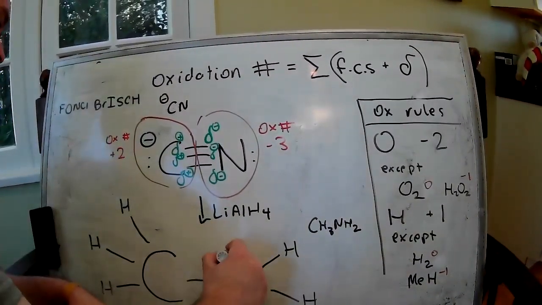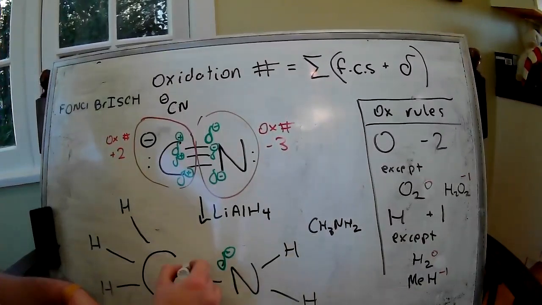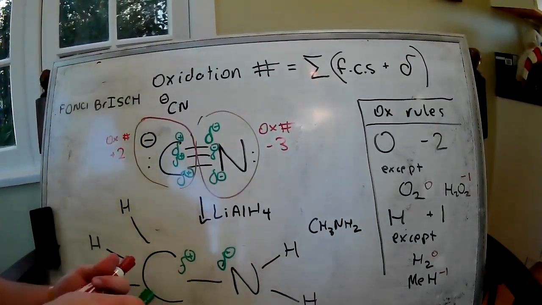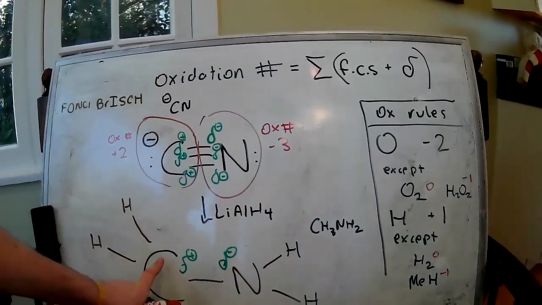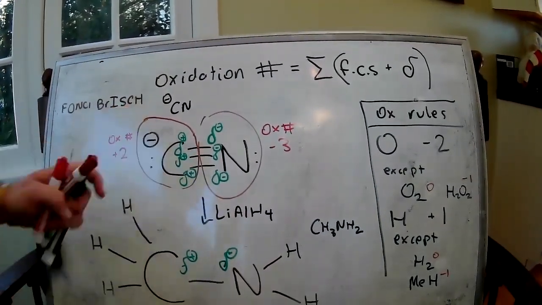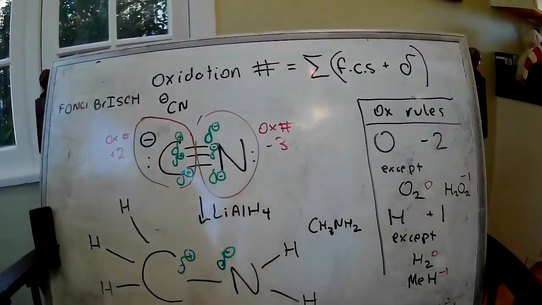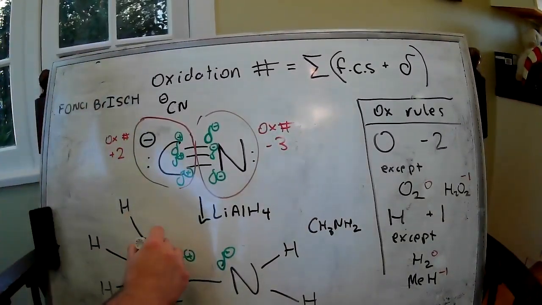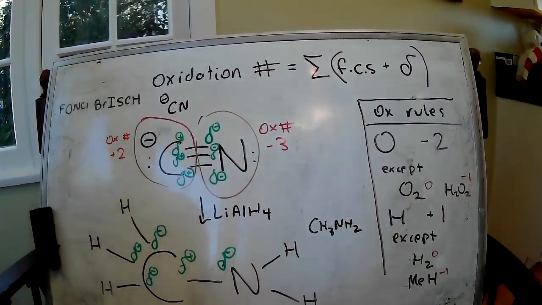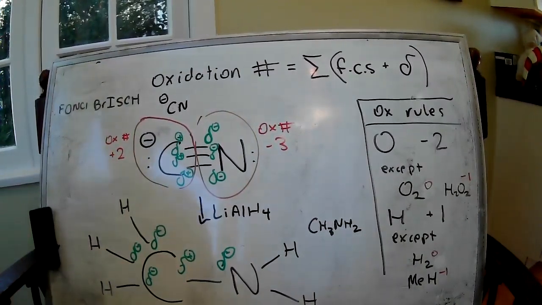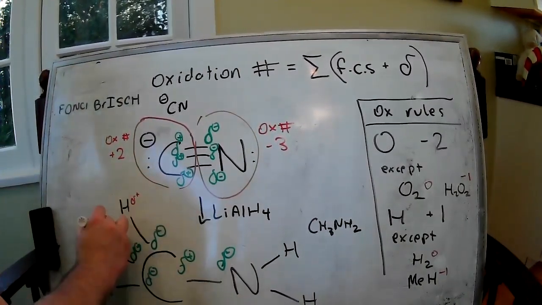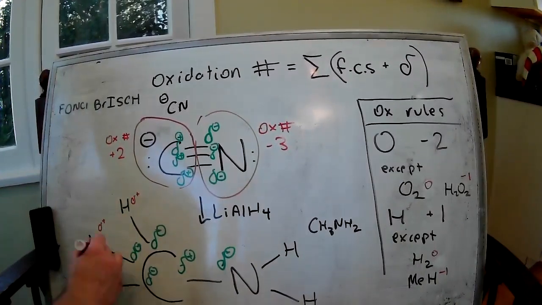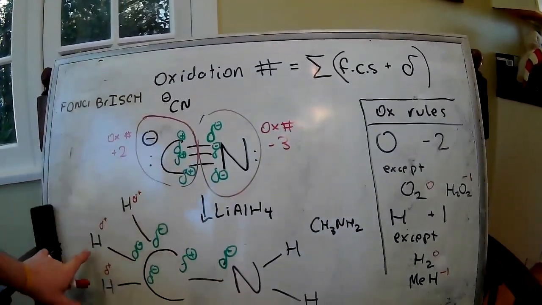We'll start with our carbon to nitrogen bond. Likewise, nitrogen is going to stay more electronegative than carbon. It's going to get a partial negative, and carbon's going to get a partial positive. And then between those carbon to hydrogen bonds, we're going to use the fact that carbon is slightly more electronegative than hydrogen to say carbon gets a partial negative, partial negative, partial negative. And then hydrogens are going to get partial positive, partial positive, partial positive for +1 oxidation states.